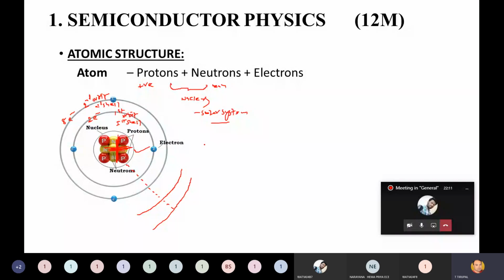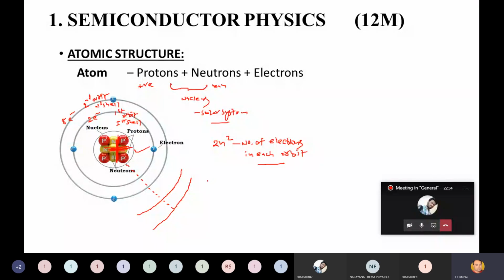The answer is 2n square. 2n square represents the number of electrons present in each orbit. This is the important question.